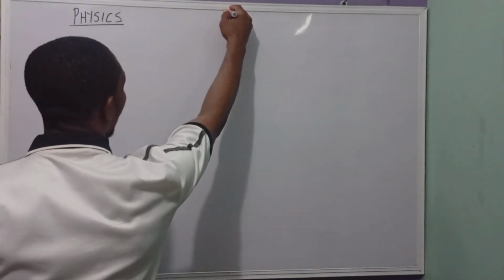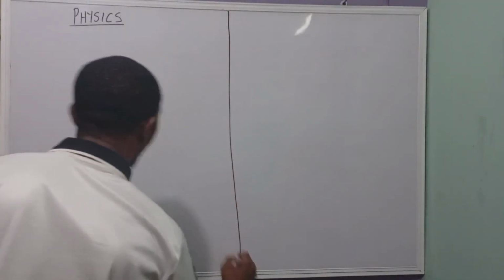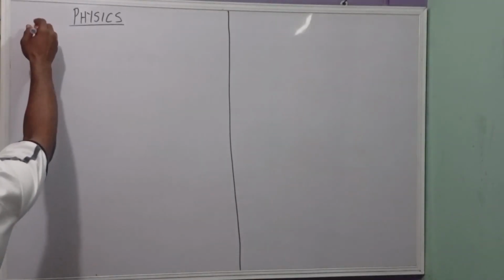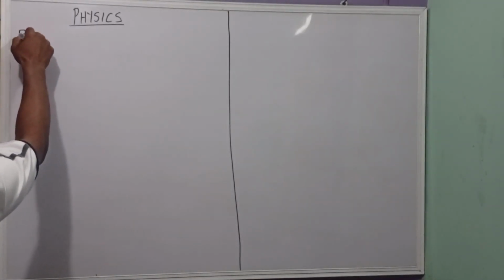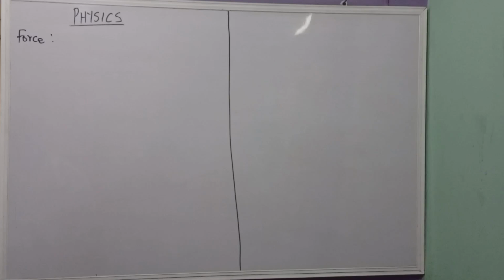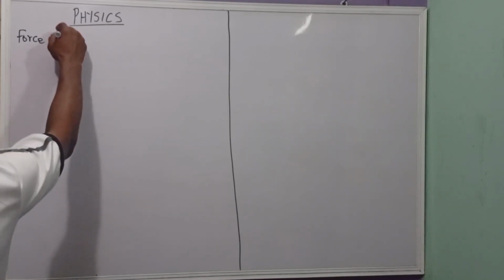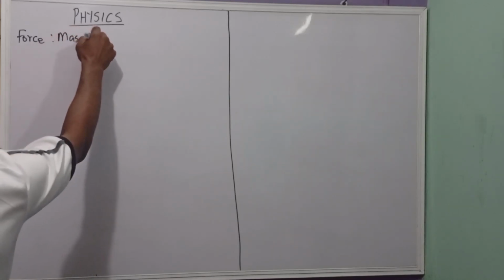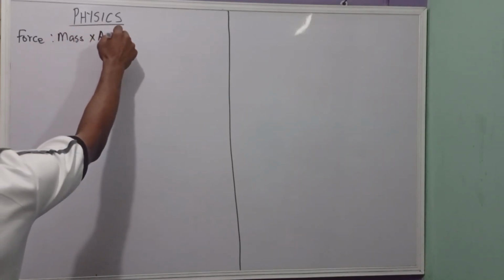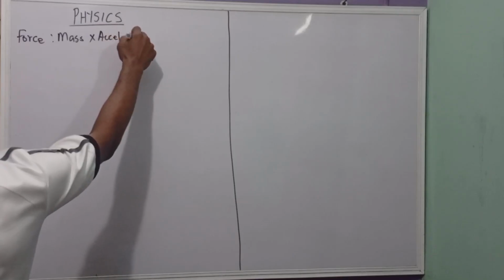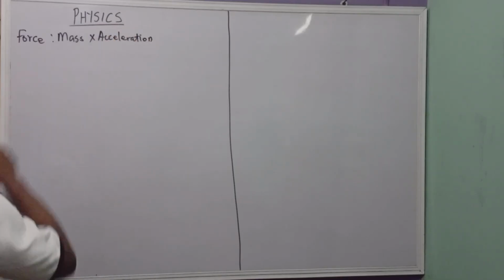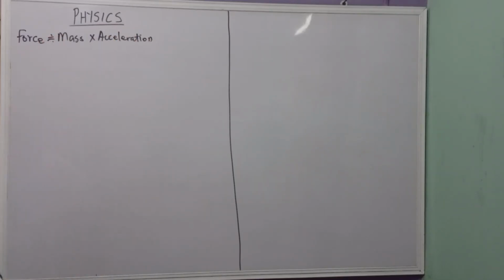We're seeing some other examples, so let's look at more examples. Let's look at force. For force, we have it as mass times acceleration. Force equals mass times acceleration.